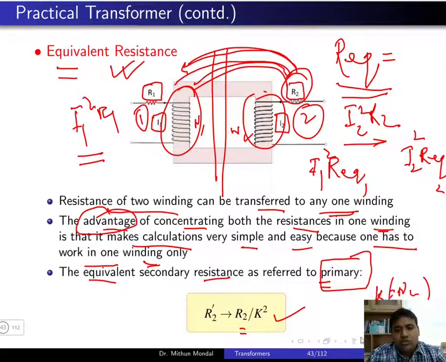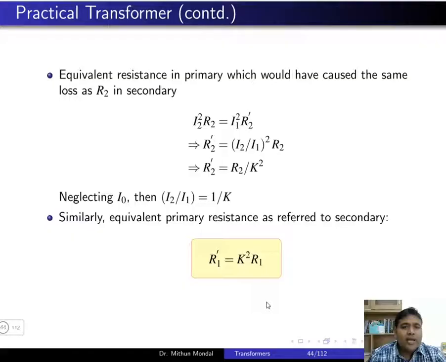So the secondary resistance when referred to the primary side is equal to the secondary resistance divided by K square. Now where has this come from? We have seen that R2 dash is equal to R2 by K square, but how do we derive that?